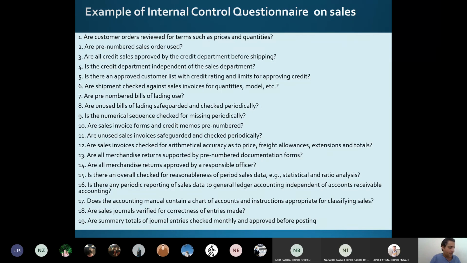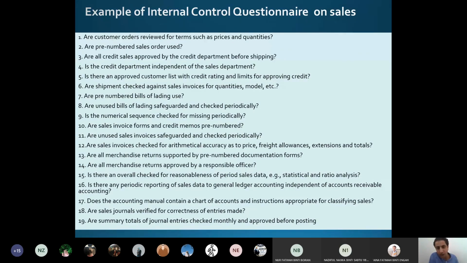most of these questions. And those questions are mainly trying to check the behavior of the internal control of the company, related either to the documents, or to the functions, the internal control functions, credit limit, approval, the documents' appropriateness in terms of whether the documents are pre-numbered, and what information is included in the documents.